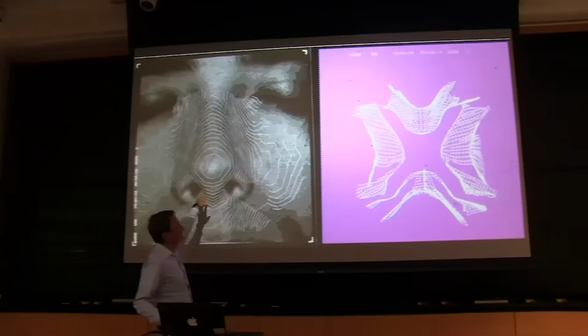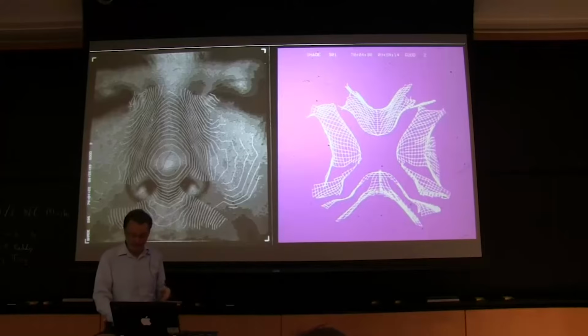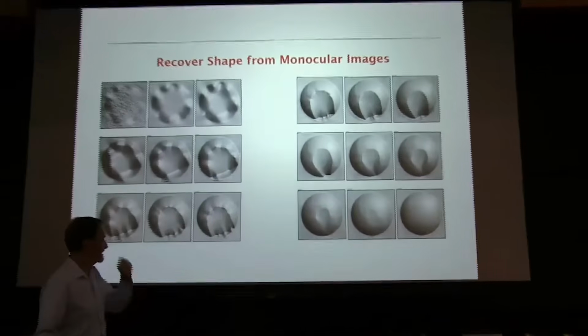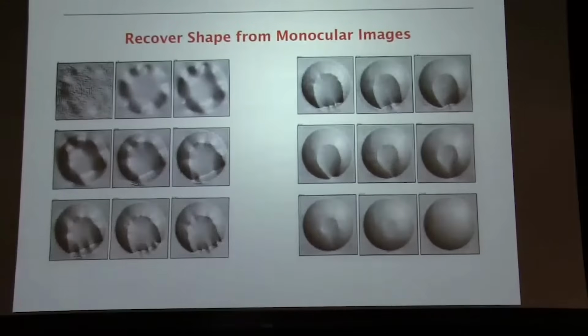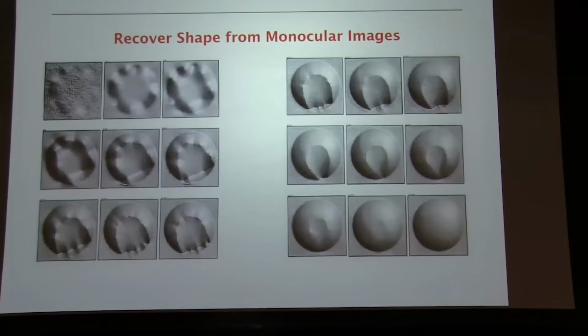And there's a contour map of his nose, and once you've got the 3D shape, you can do all sorts of things. You can put it in a 3D printer and give it to him as a birthday present and whatnot. And here's a somewhat later result where we're looking at an image of a hemisphere, well, actually an oblate ellipsoid, and we're asked to recover its shape.